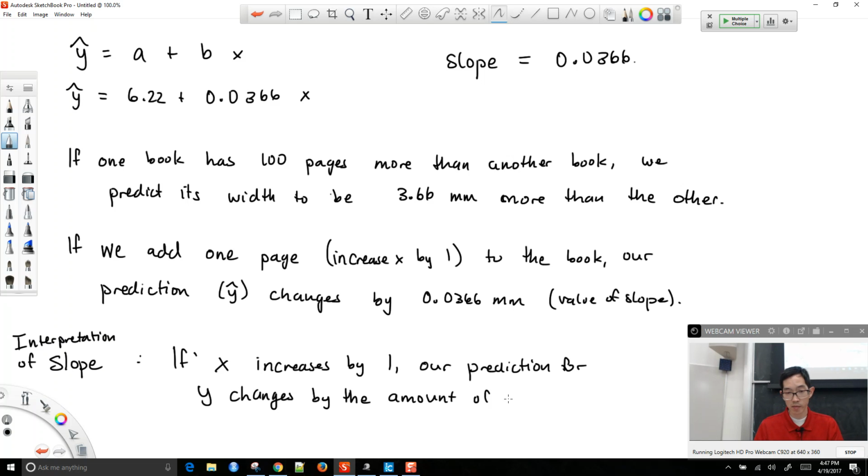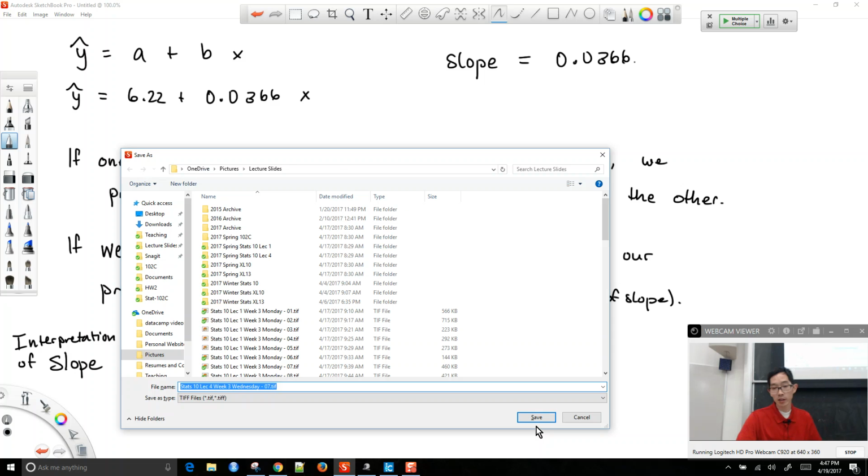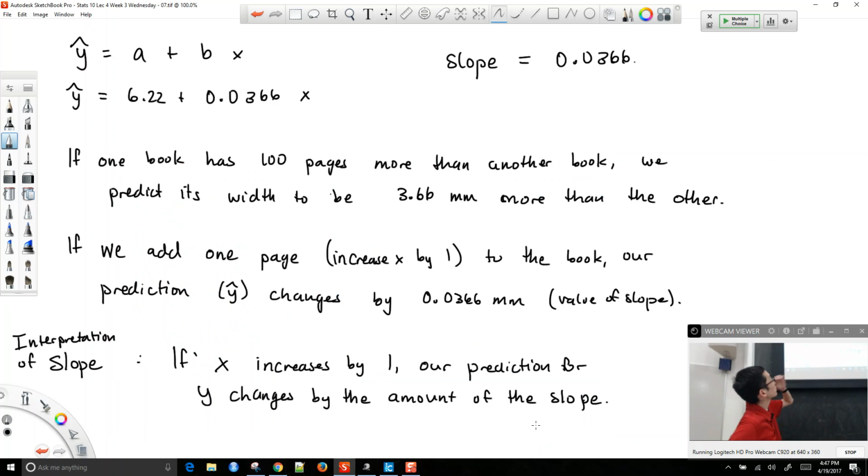In our case, the slope is positive, and it's a very small number, 0.0366, meaning if I add one page to a book, I expect it to increase by just the tiniest bit. Because that number is so small, it's not very useful to us, so we should probably talk about increasing by 100 pages, and then we have a thickness we can talk about.